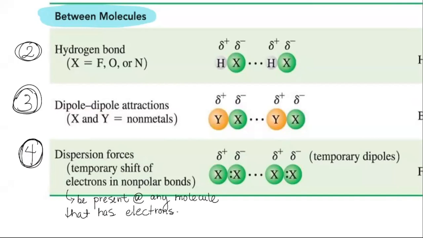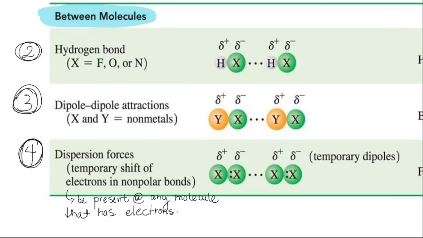So what does that mean in general? That all molecules are going to have dispersion forces. All of them, because they have electrons circling around.